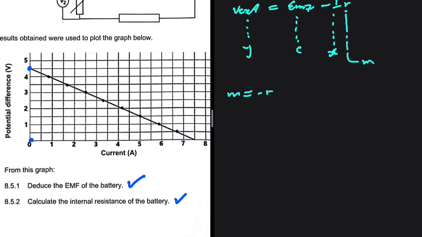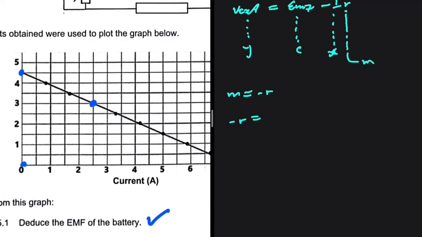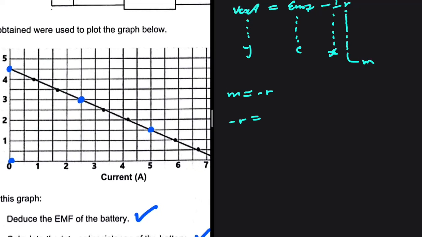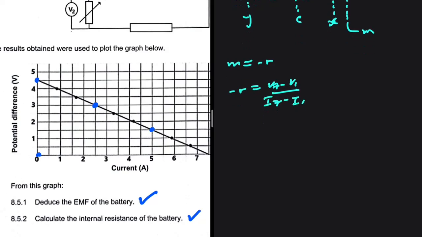Now we just need to calculate the gradient of this graph. Let's take this point as it is easy to read, and this point. Okay, so VF minus VI divided by IF minus II. Right, so what is VF? Let's use this point as our second point.